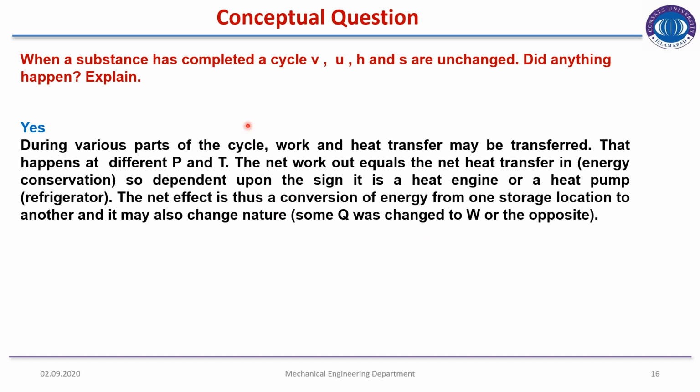Let's suppose 15 kilojoule of heat is transferred to the system. So the pressure and temperature are changed, but work is taken out of the system, therefore the other properties remain constant.